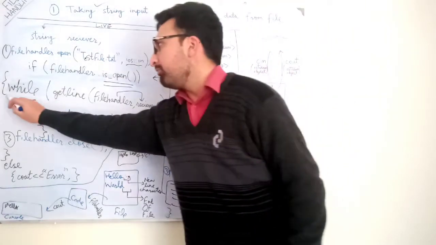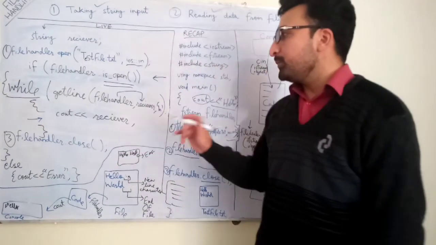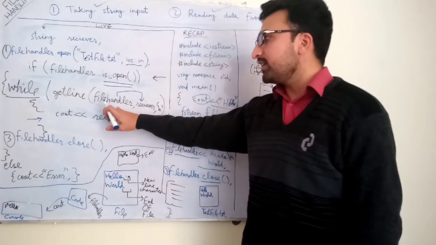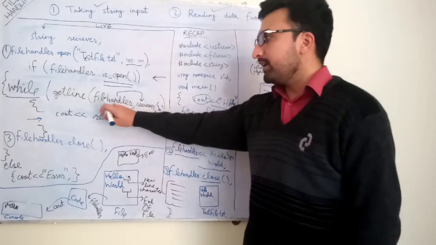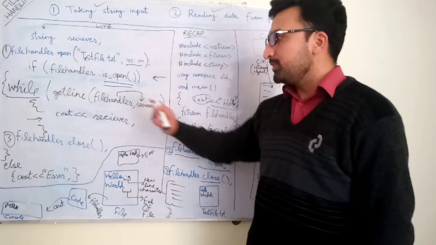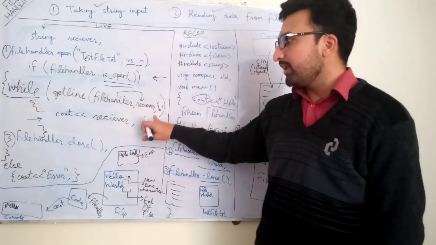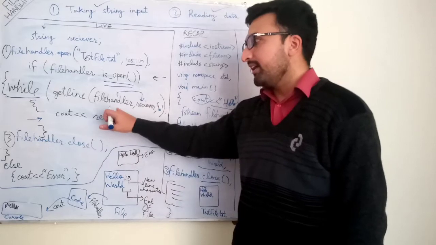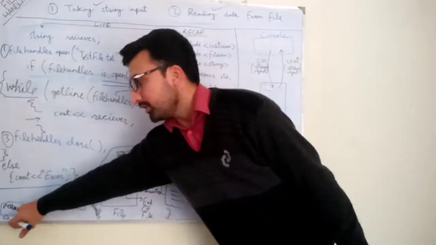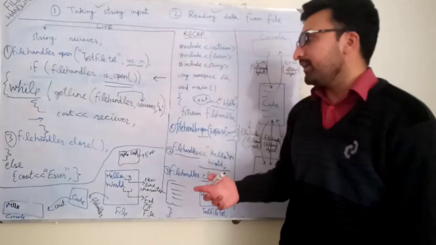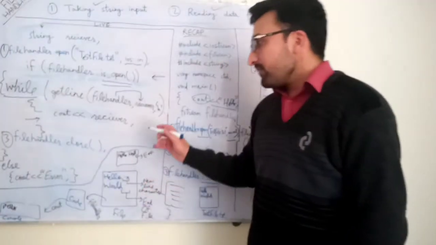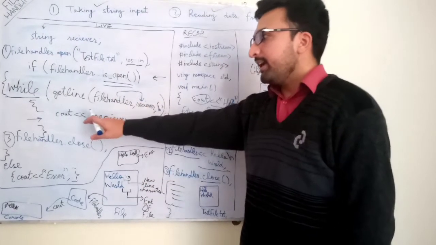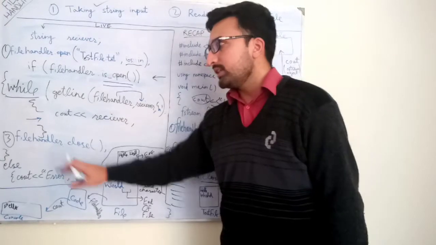So we employ a while loop here. What this while loop does is that first it reads into the string variable through the fstream object until the delimiter arrives, and as soon as the backslash n arrives, it stops reading. Then it prints that onto the screen. For example, we print hello onto the screen. Now, had there been no loop, it would have printed that value and then closed the file.